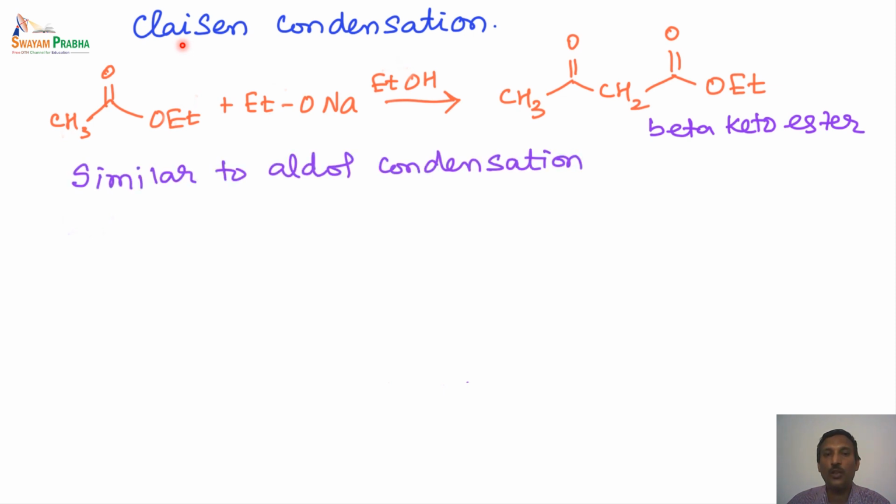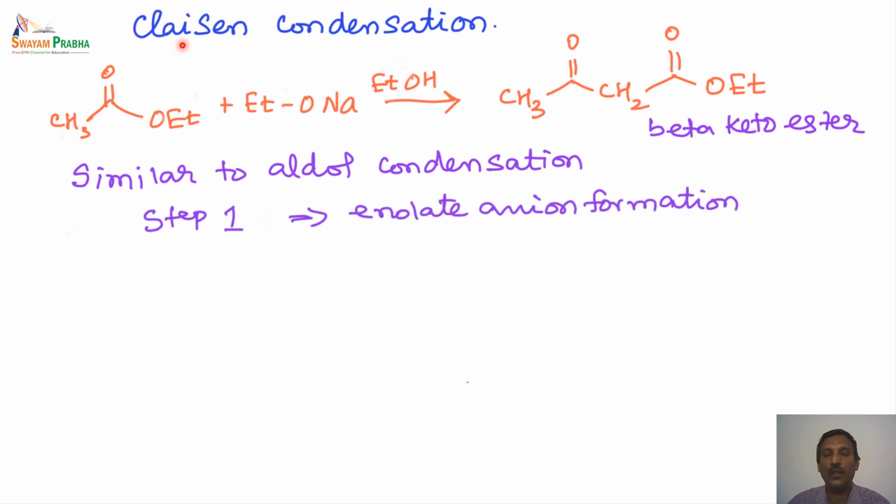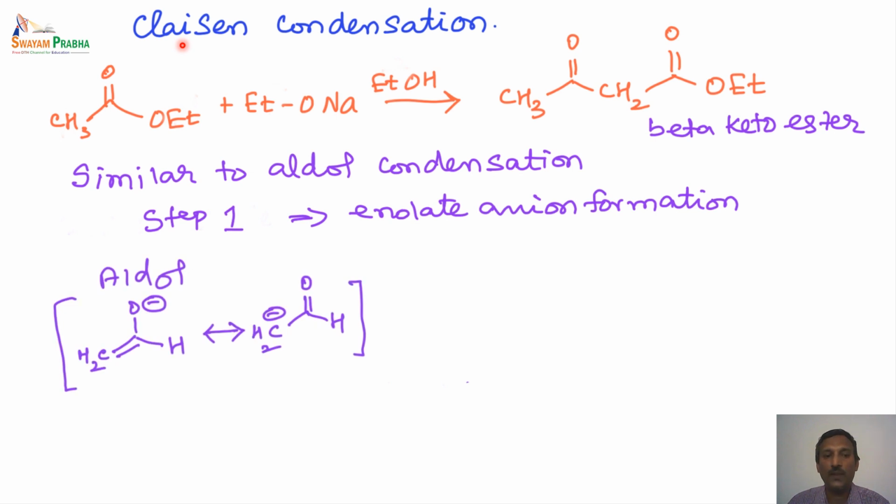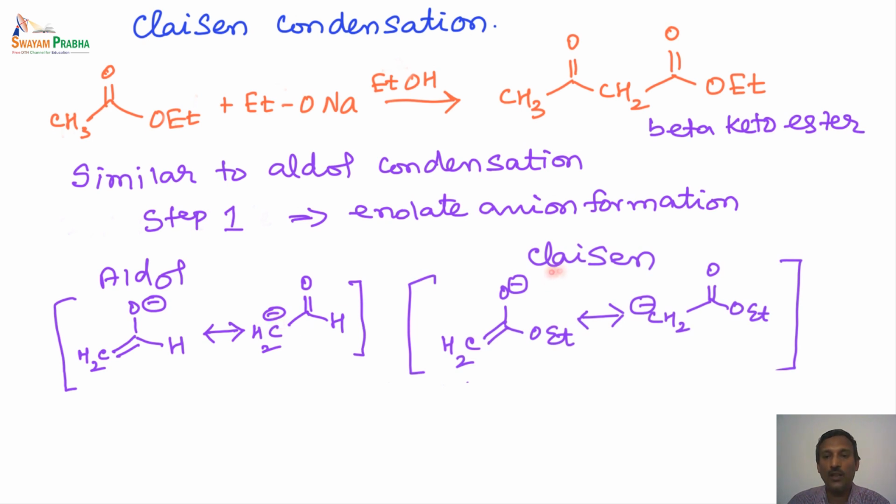This is very similar to the aldol condensation which we have studied for aldehydes and ketones. In both cases, the first step is the enolate anion formation. In the case of aldols, resonance structures exist between the enolate and the carbanion. Similarly, in the case of Claisen, we also have the enolate and the carbanion.